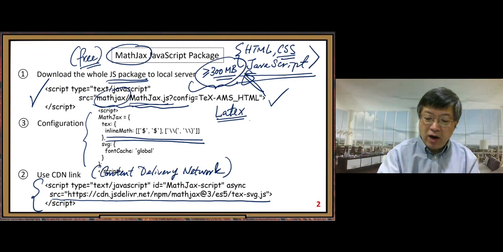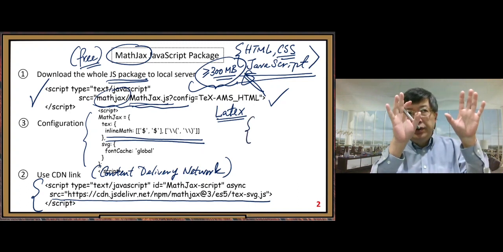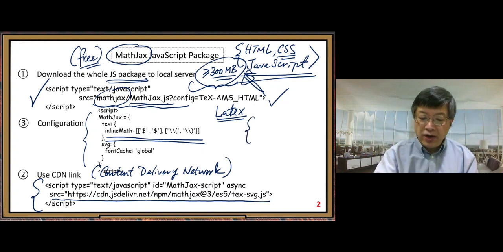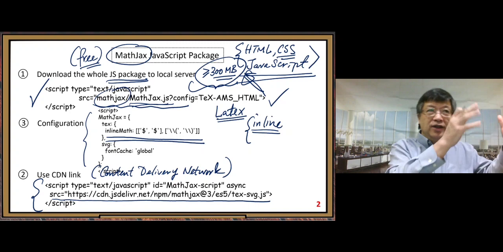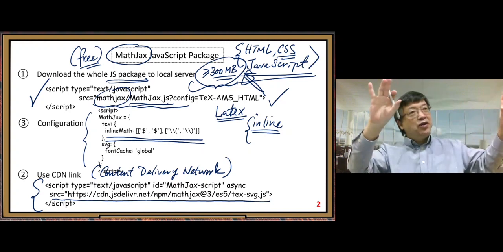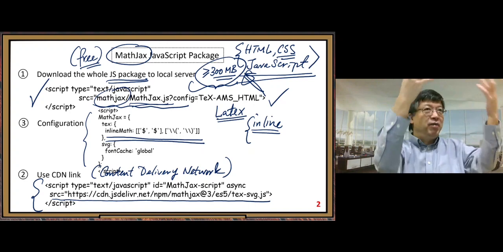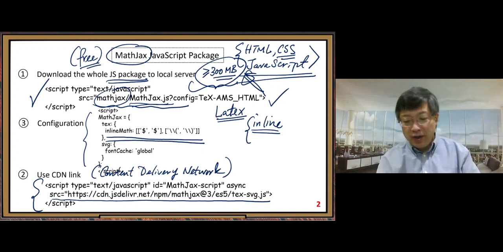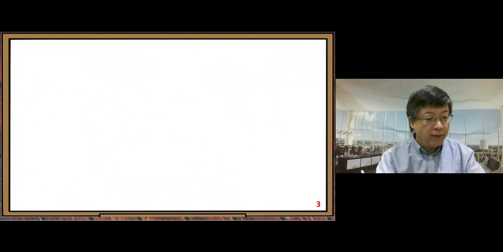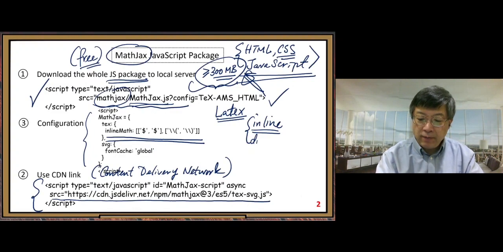In that special environment, there are two cases. The first one is called the inline case. You have a natural sentence, and somewhere in the middle you put a math formula. That's the inline way. Another way is called the display way.